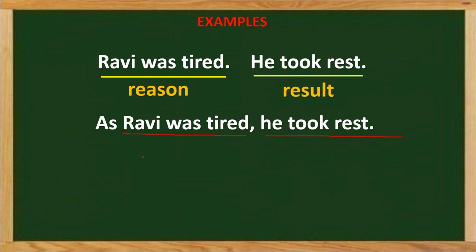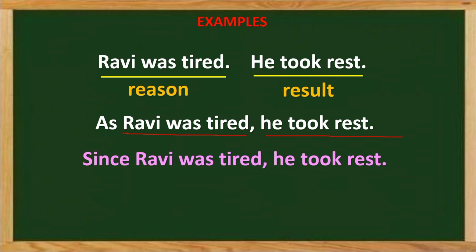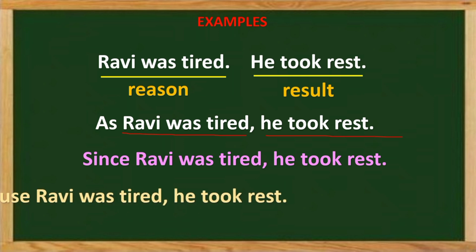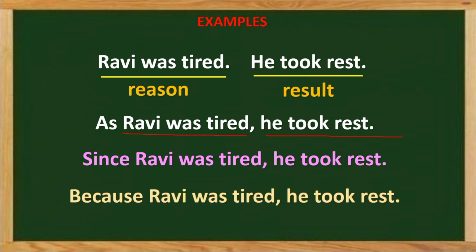So let us see how to write with since. It's very easy. Instead of as, we just put since. So: Since Ravi was tired, he took rest. Then because also the same thing. If you replace since with because, then it looks like this: Because Ravi was tired, he took rest.